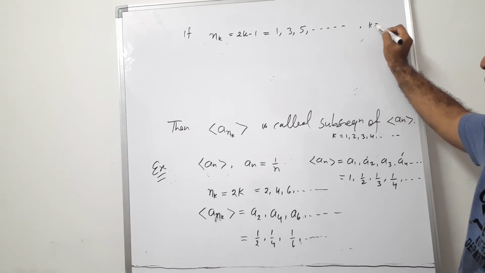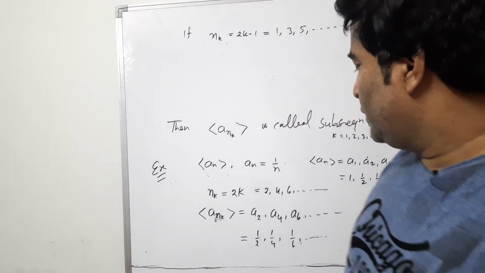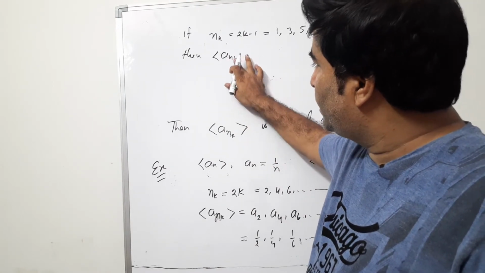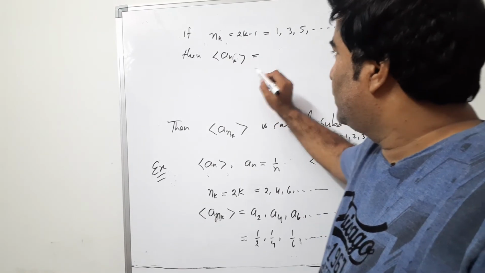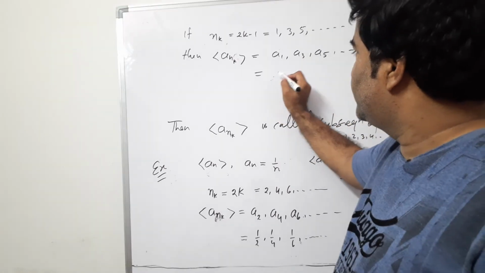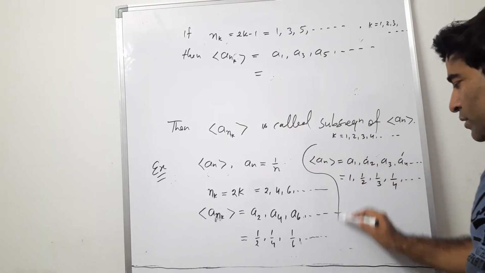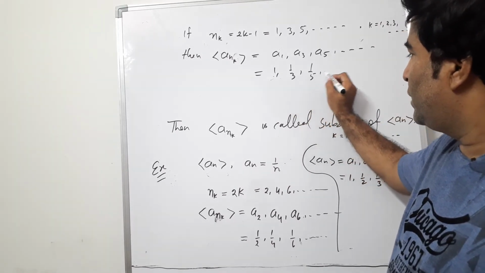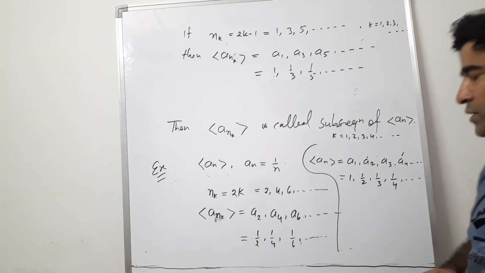Here we take k equal to 1, 2, 3 and so on. Then the subsequence ank will be a1, a3, a5 and so on. So here we have the odd terms of the given sequence: 1, 1 by 3, 1 by 5 and so on. And this is also a subsequence of the given sequence.